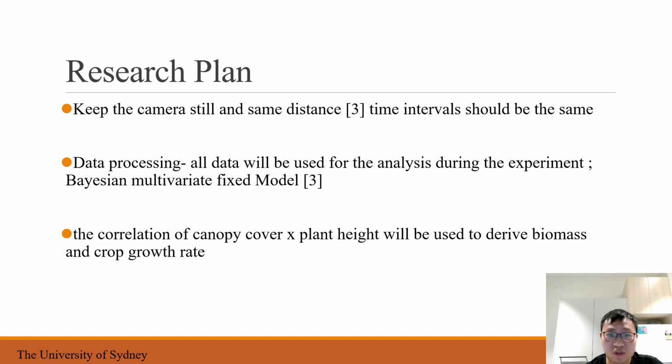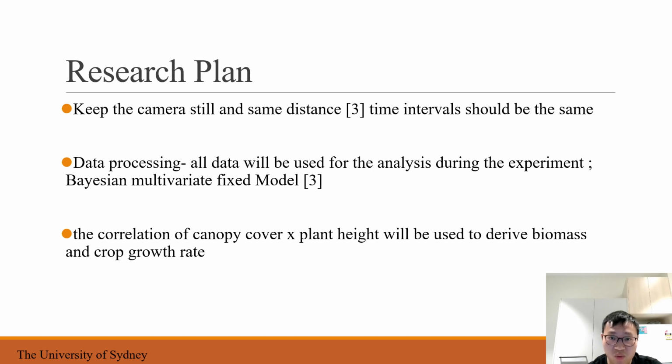Moreover, the research plan also includes the following parts. To reduce errors in the experiment, we may need to keep our smartphone camera still at the same distance, and the time intervals should be the same as well. When it comes to the data processing stage, all data will be used for the analysis during the experiment.